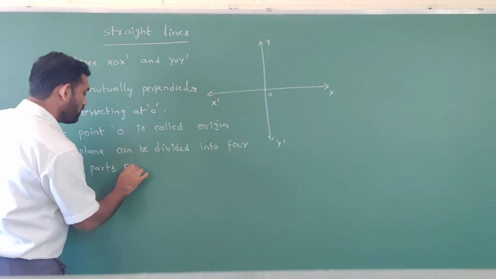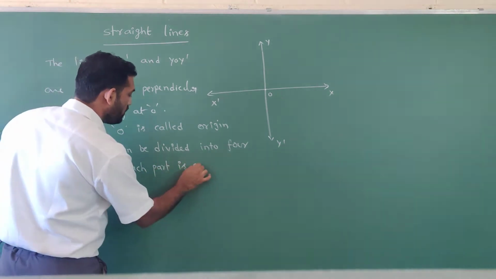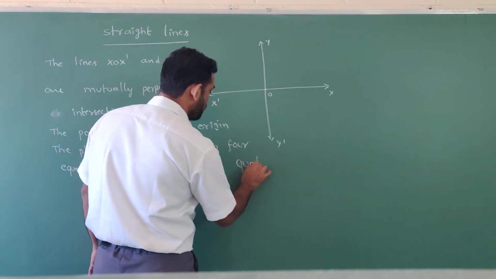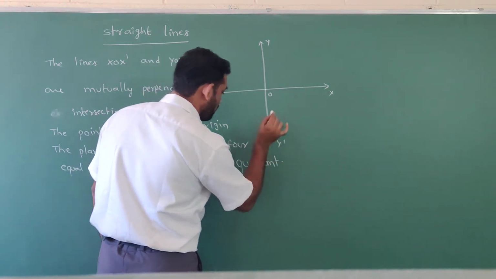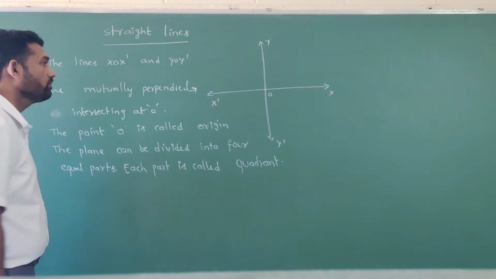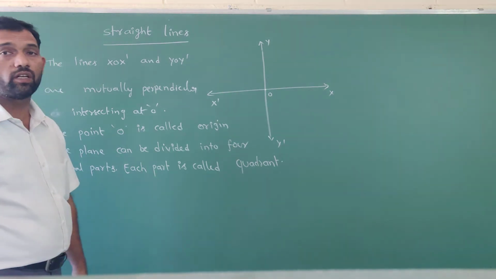Each part is called a quadrant. So you know that each part is called quadrant.